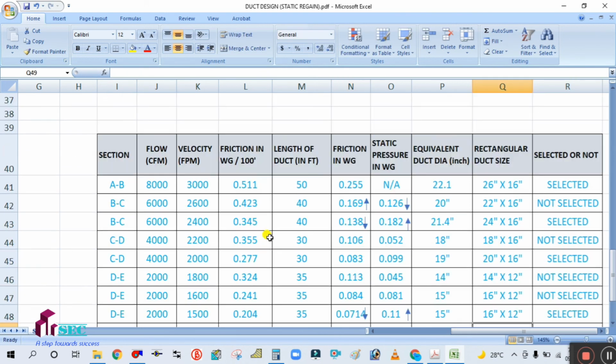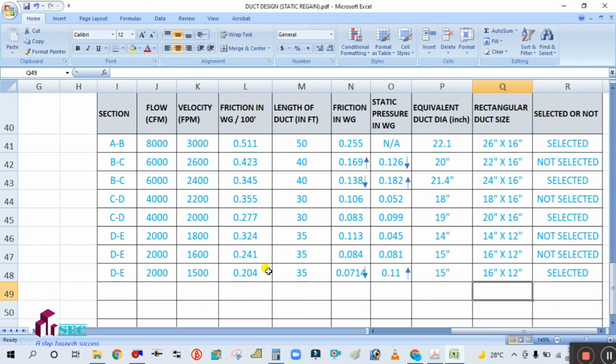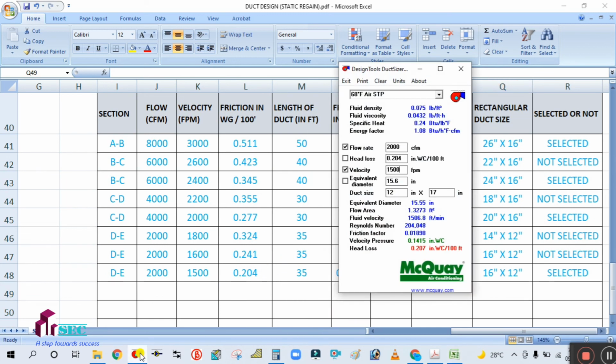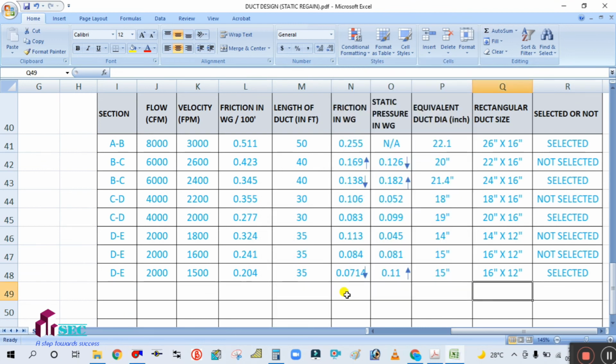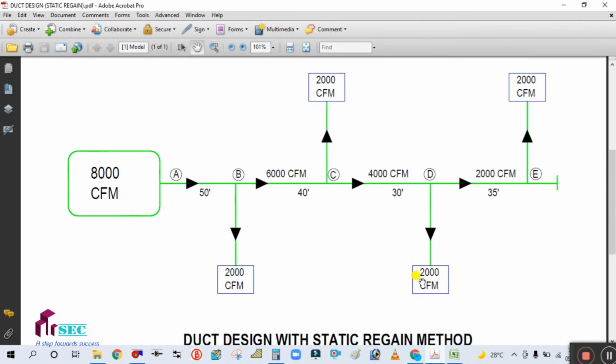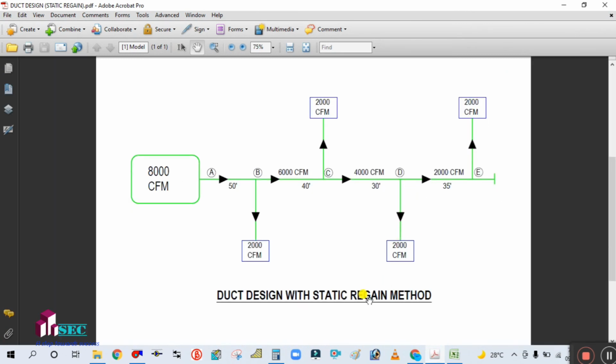I think you guys learned how to do duct sizing using the static regain method. This is how we check again and again, so this is also called the trial and error method.